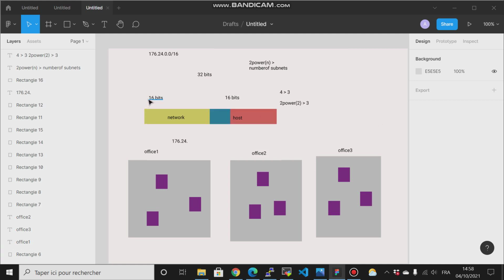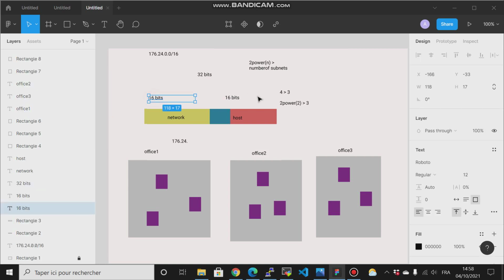So instead of having 16 bits for network and 16 bits for host, we will have 2 plus 16, which is 18, and since the total number of bits equals 32, we must put only 14 bits for the host.